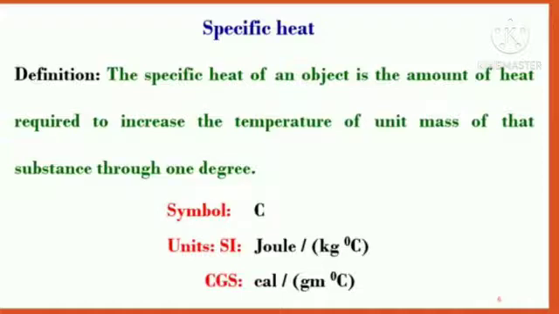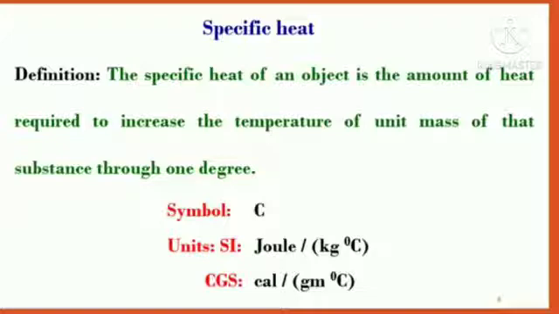Specific heat. First we will see what is the specific heat. The specific heat of an object is the amount of heat required to increase the temperature of unit mass of that substance through 1 degree.